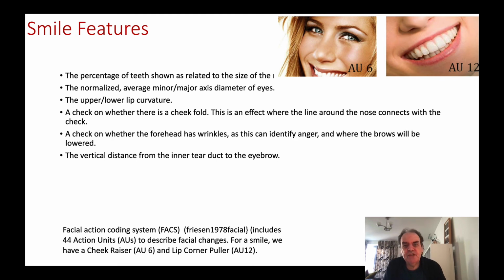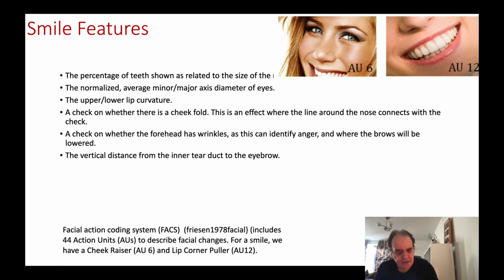So for example, for smile detection, if someone shows their teeth, then that can be a pointer towards a smile. If the edges of their mouth go up at the end, the cheek fold is another thing. The wrinkles in the forehead can identify anger, and where the brows are lowered.